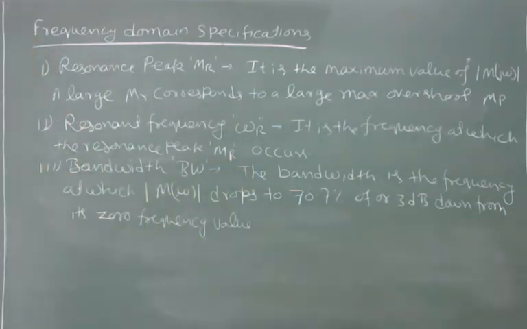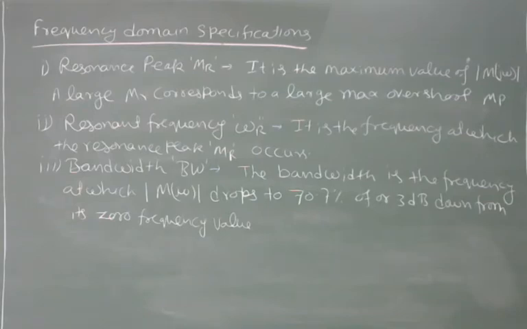So what is bandwidth? Bandwidth is the frequency at which the magnitude drops to 70.7% or 3 dB down from its zero frequency value. This bandwidth is also called cutoff frequency.